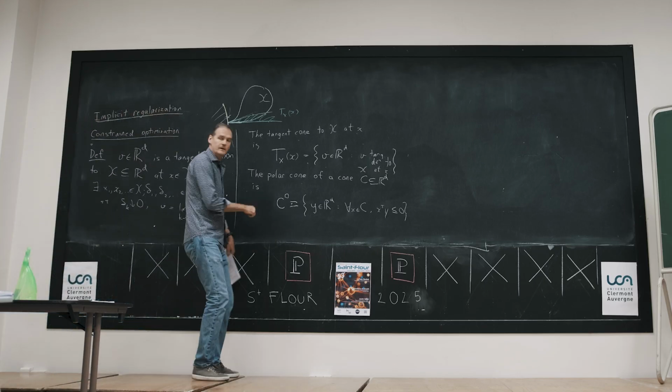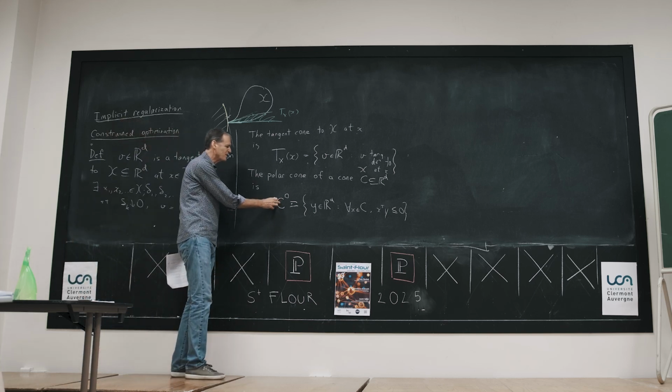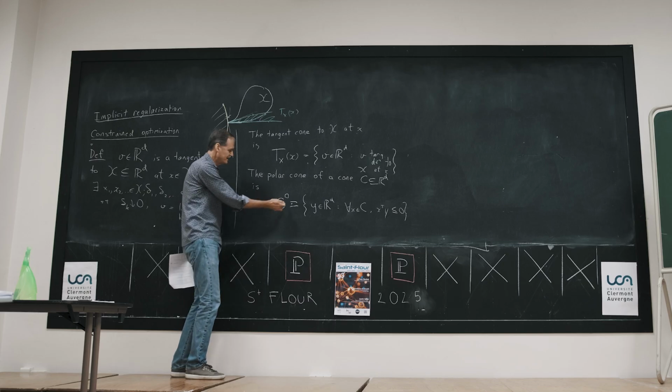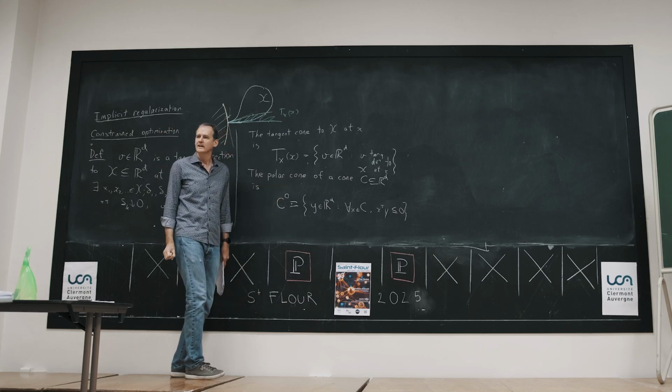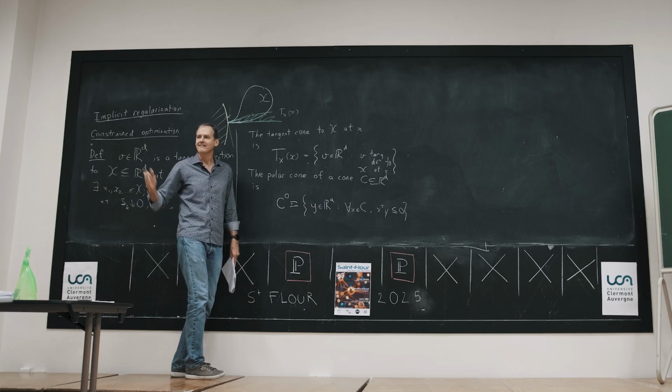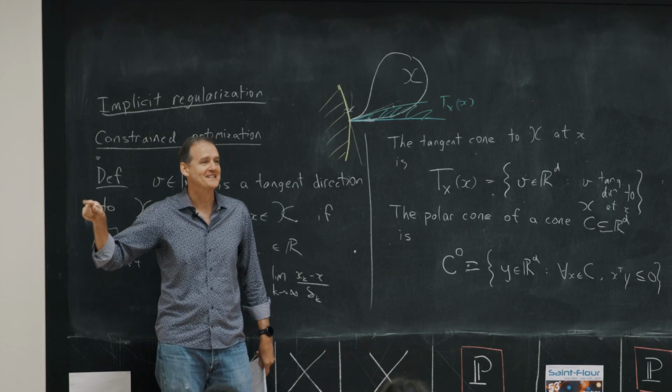What is the exponent to C? This is the symbol for polar. Somehow this is standard, with a little circle in the exponent. In LaTeX it's superscript \circ.